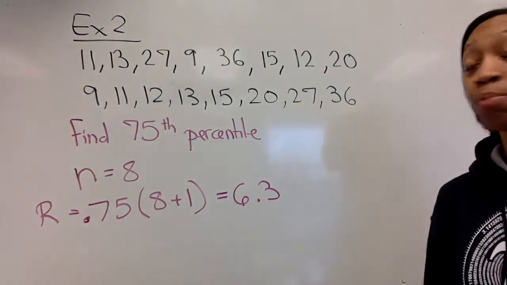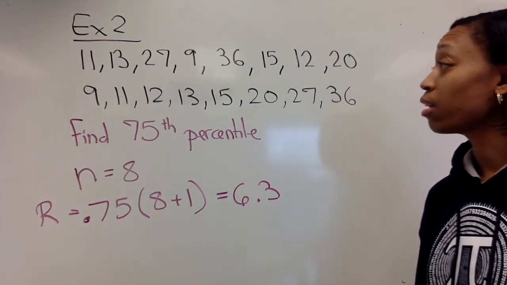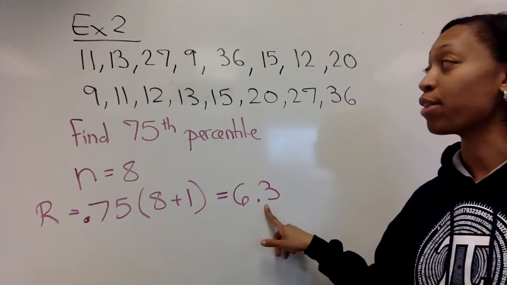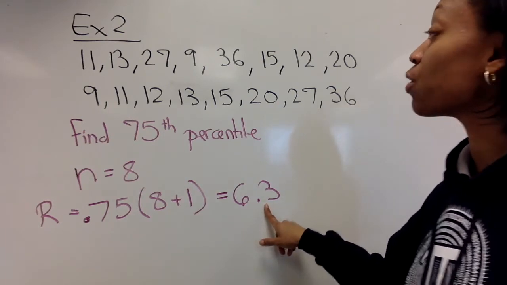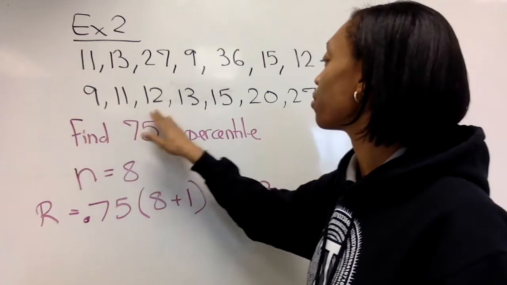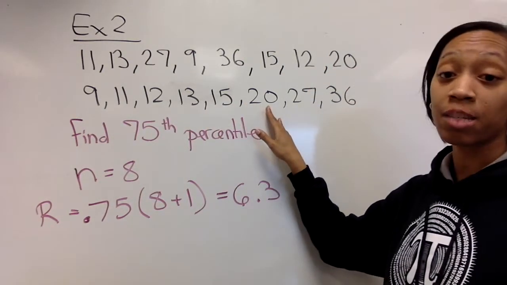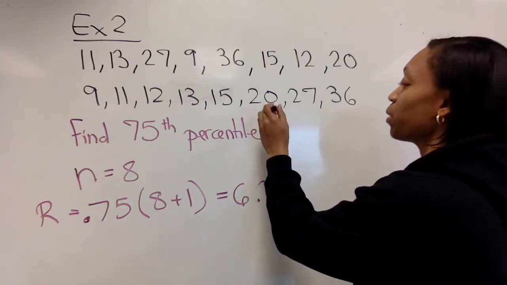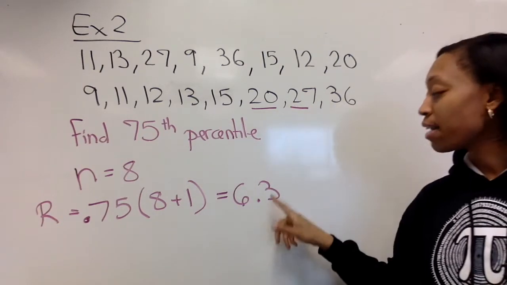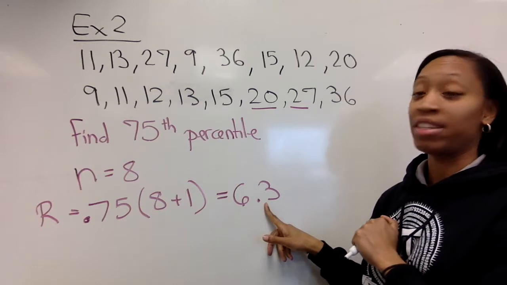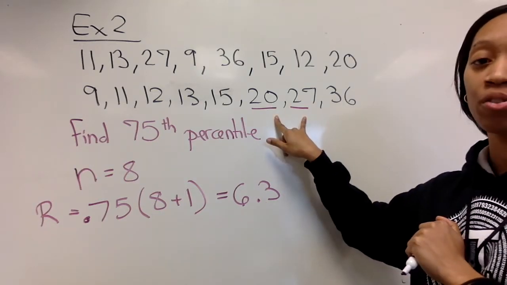Okay, so that gives me 6.3. Now I can find the 6.3 item on the list. Counting over 1, 2, 3, 4, 5, 6, 6.3 is going to be somewhere between 27 and 20. So I need to find 0.3 of the distance between those two numbers.